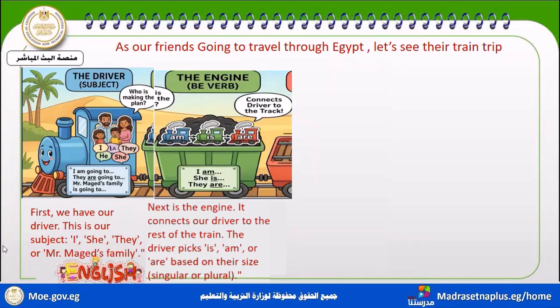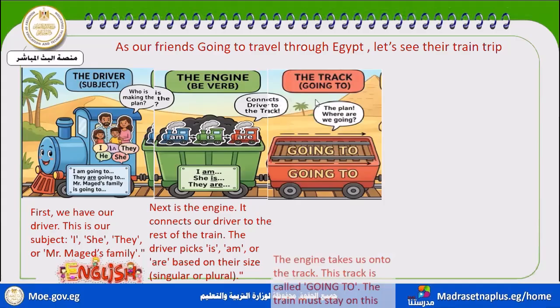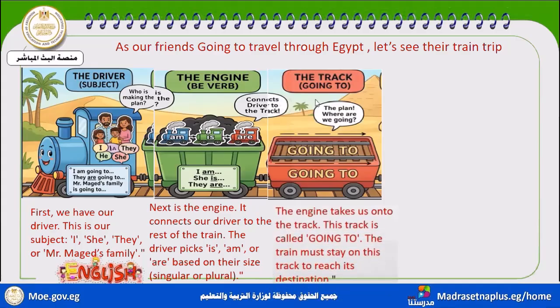So what about the rest of the train of our trip? Here we have the track, which are the cars that contain people and things, and that's going to. It's always there, going to. Going to expresses what we are planning to do, what we want to do.